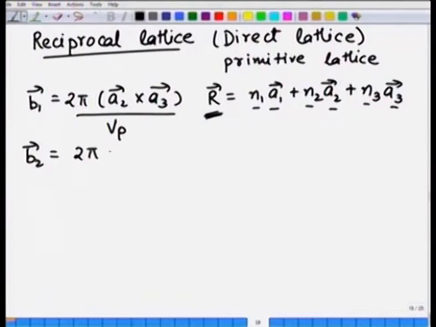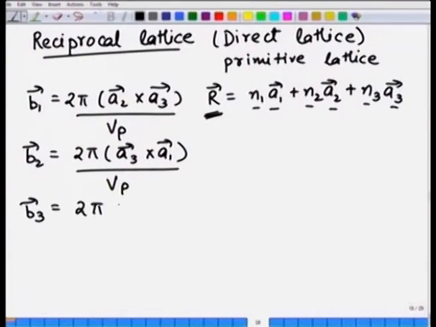I will see what it is. B2 equals 2 pi by Vp times A3 cross A1, with the same Vp, and I will write B3 as equal to 2 pi by Vp times A1 cross A2.